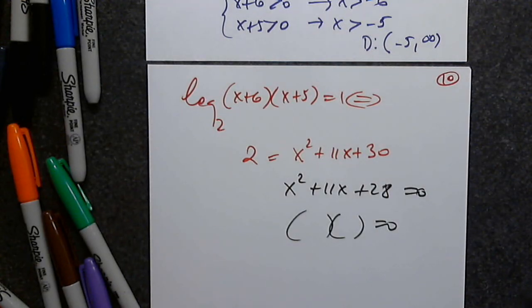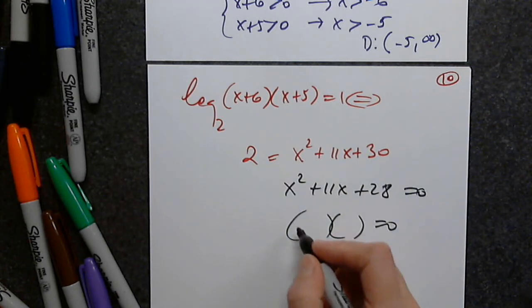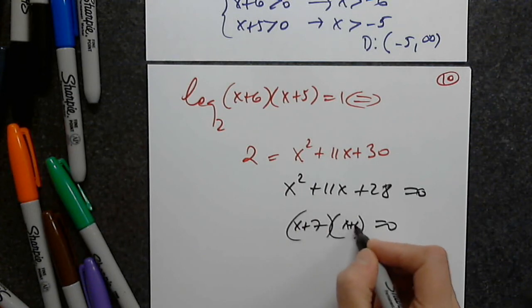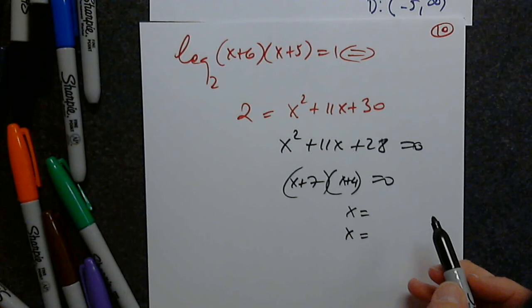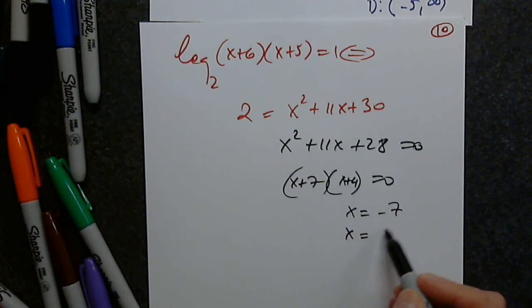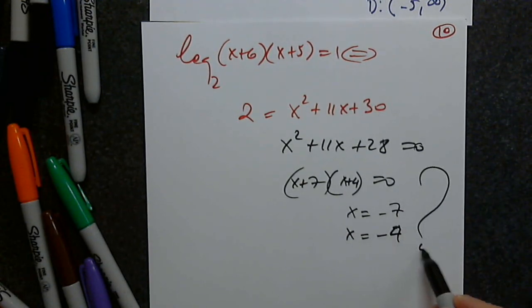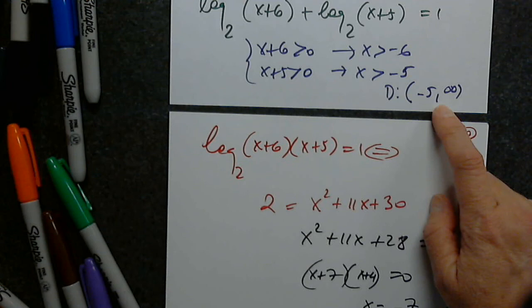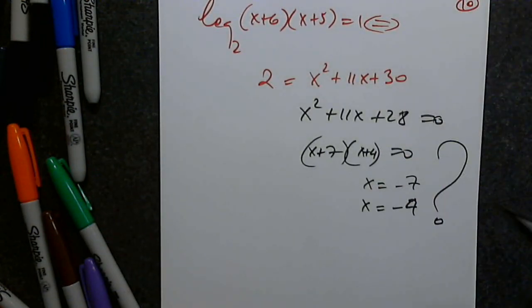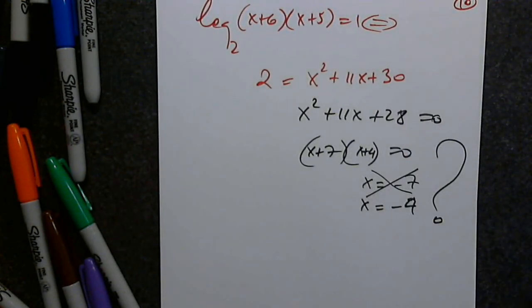But if I have to use the quadratic formula, not a big deal. 7 and 4. So we have x plus 7 and x plus 4. Very good. So there are two options. Look at this. If the number is not greater than negative 5, we'll have to say goodbye. Negative 7 is not a number greater than negative 5.